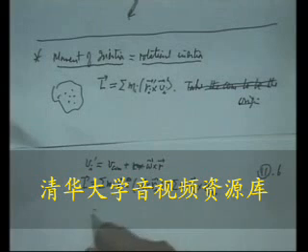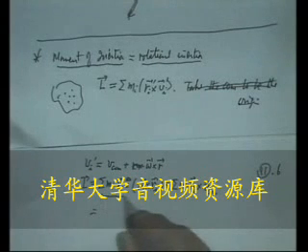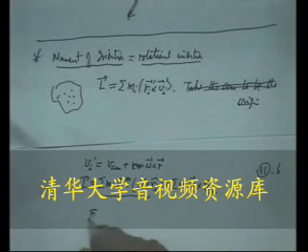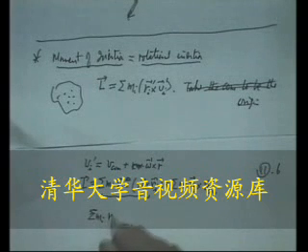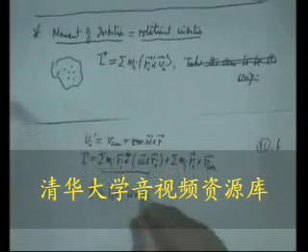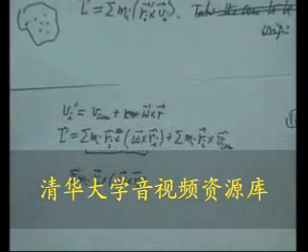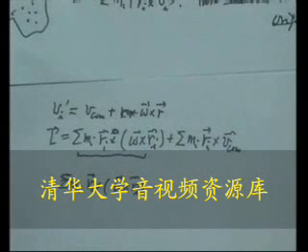So now I write this part: summation mi Ri cross omega cross Ri. Here Ri is relative to the center of mass.